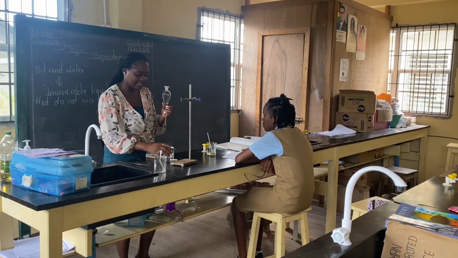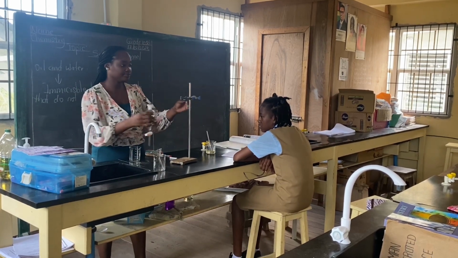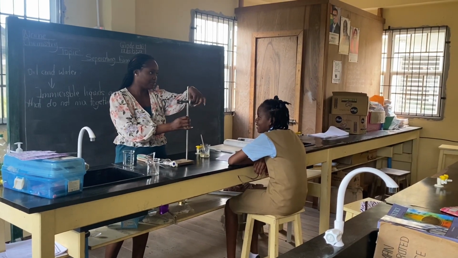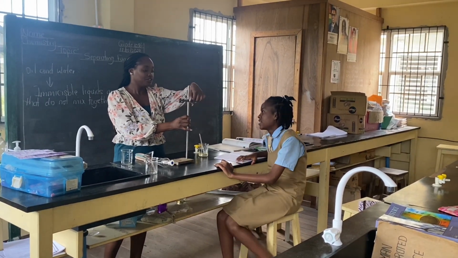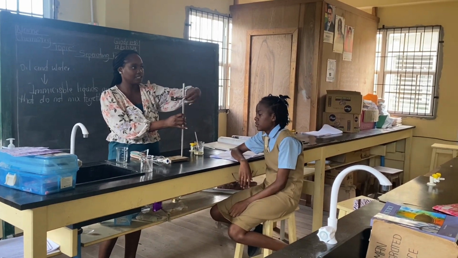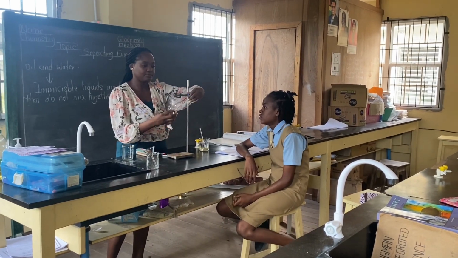So this is a separating funnel. This is our tripod stand, and in order to use the separating funnel, we will need to set it up on some type of stand so that it can work effectively.